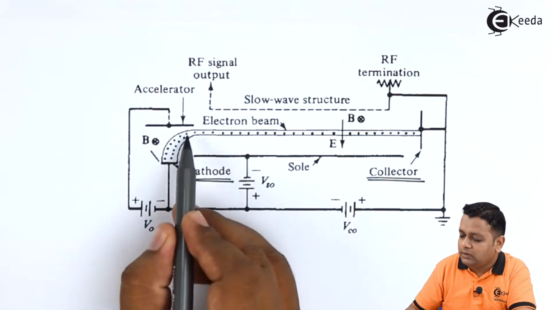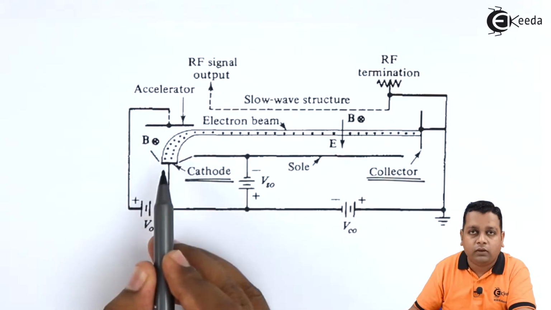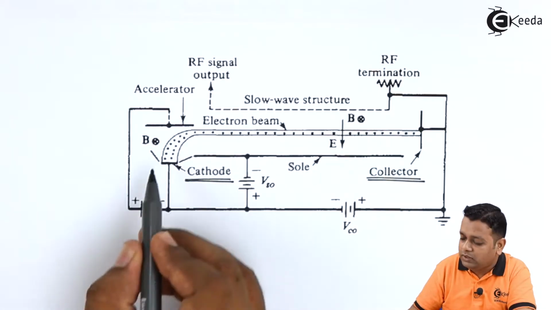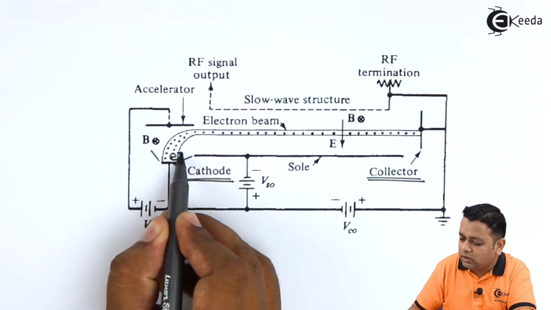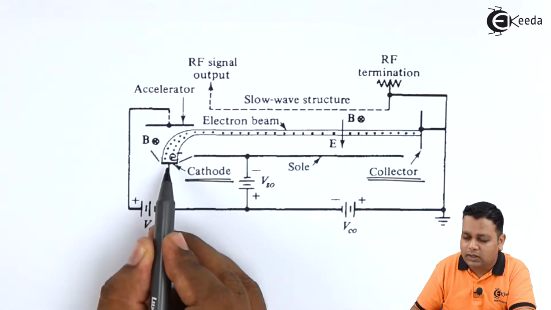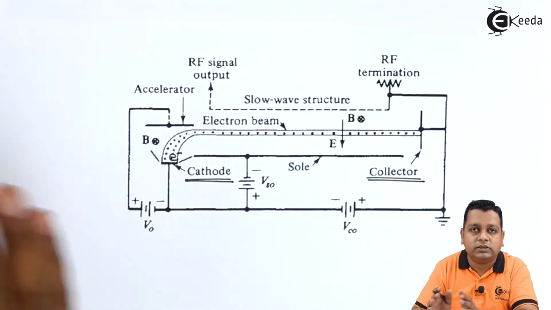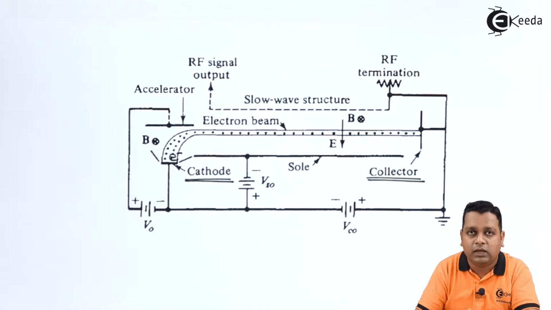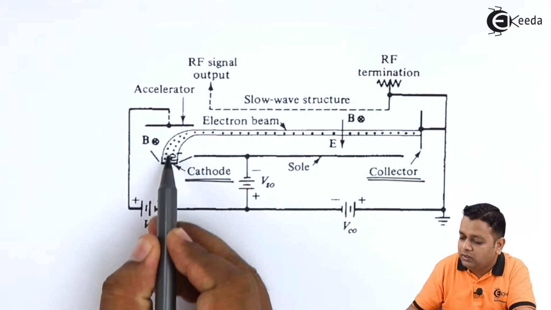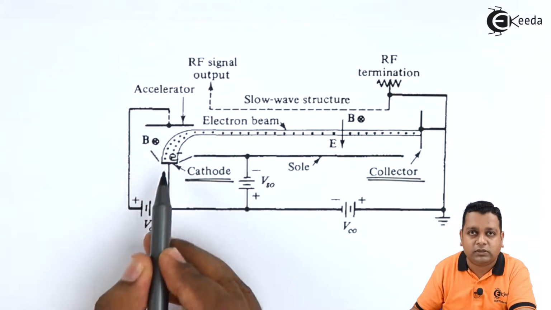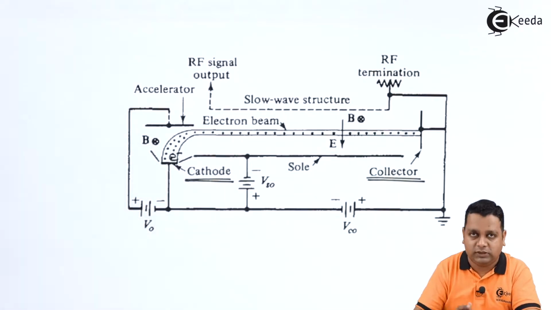As they are parallel to each other, initially the electrons will be generated on the surface of the cathode like this, and if there is no external force regulating the flow of these electrons, they would travel in the upward direction as far as the page of this diagram is concerned.